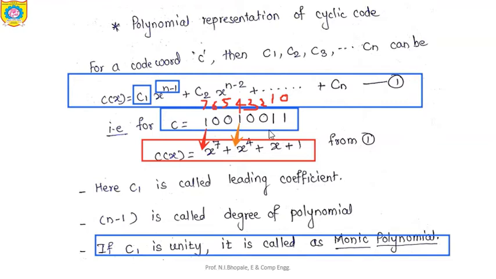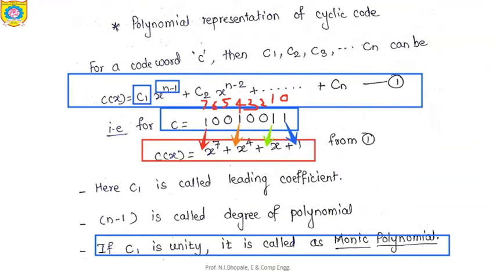For x raised to 1, the coefficient is 1, so we specify 1 into x raised to 1. Lastly, for x raised to 0, the constant term, the coefficient is 1. So 1 into x raised to 0. This is how we get the logic of representing a code word as a polynomial.